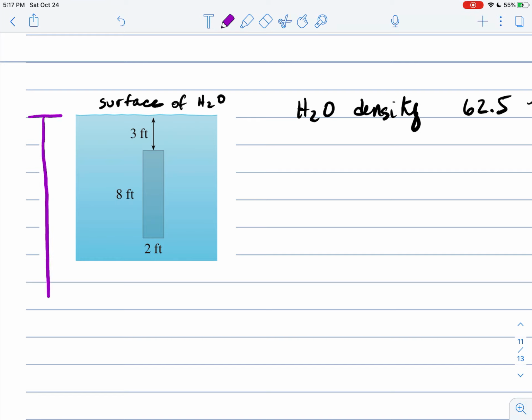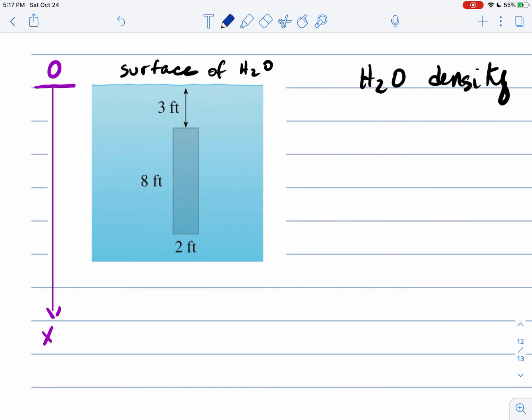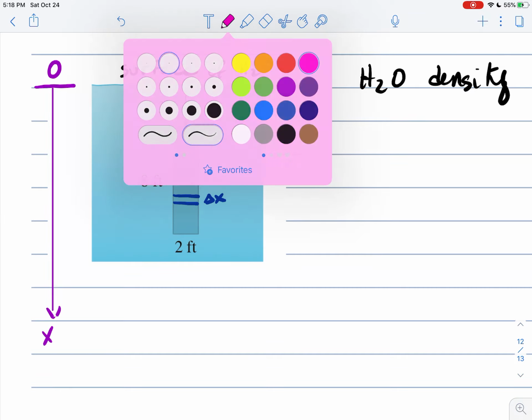The next step that I'm going to take is to draw my vertical axis. Since it looks like the slices are going to be uniform, I'm going to put my 0 at the top, and I'm going to call my axis X. Next, I'm going to draw an arbitrary horizontal slice underneath. Since I named the axis X, I'm going to have a delta X slice.